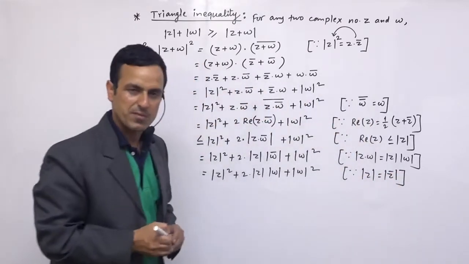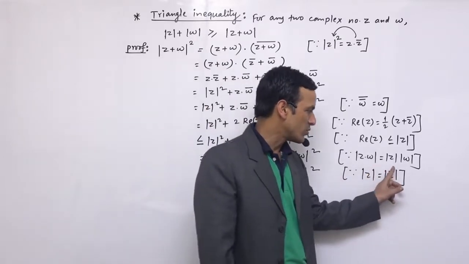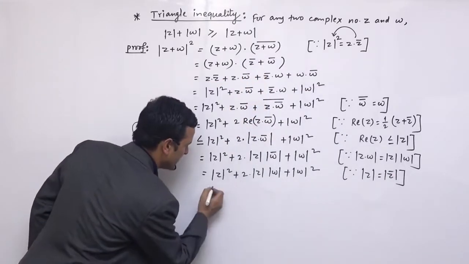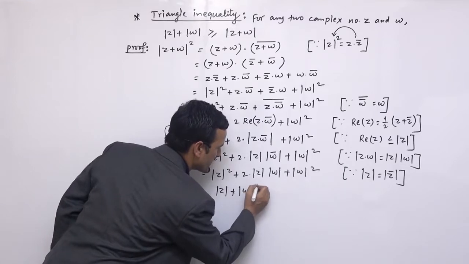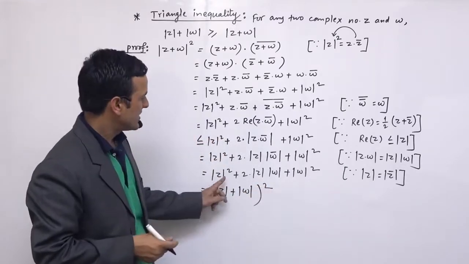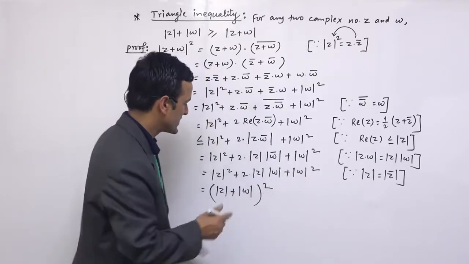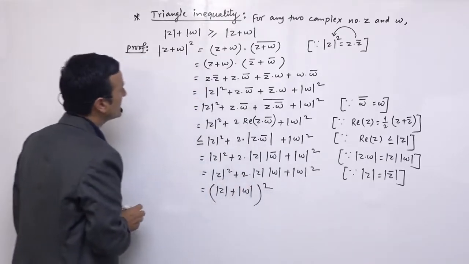Also, we have a property according to which modulus z and modulus z conjugate are the same thing. And if you write down the formula modulus z plus modulus w to the power 2, this is the formula a square plus 2ab plus b square. So this is the formula of a plus b whole square.